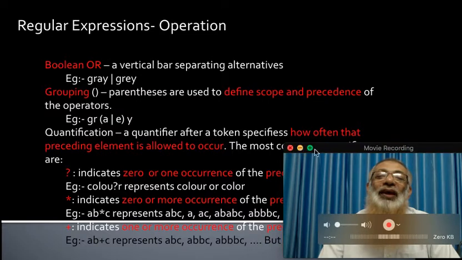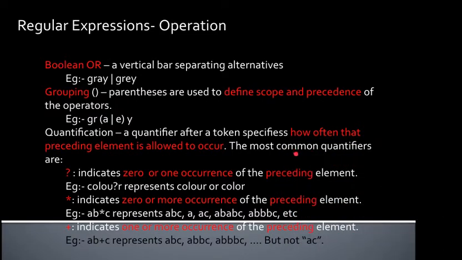Now, quantification is used to specify how often a preceding element is allowed to occur. What do you mean by preceding element? If we say question mark, it indicates 0 or 1 occurrence of the preceding element.